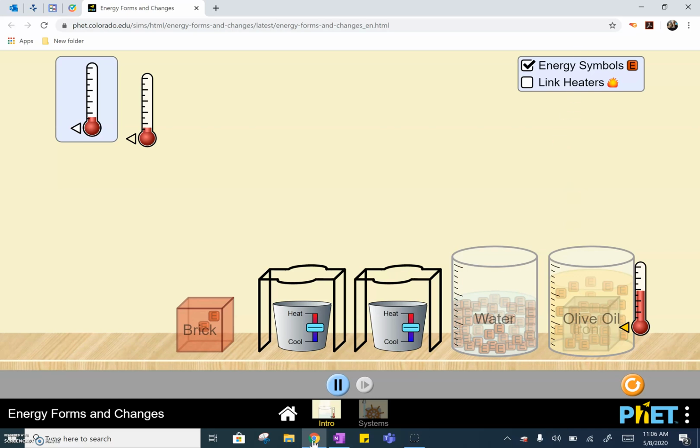And the reason for that is water has a much higher specific heat capacity. So it takes a lot more heat and energy to change the temperature of this water, okay? Versus the oil, you saw it went up a lot more. It was a lot easier to change its temperature because it has a lower specific heat capacity.